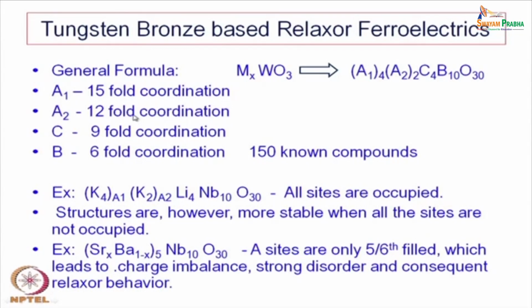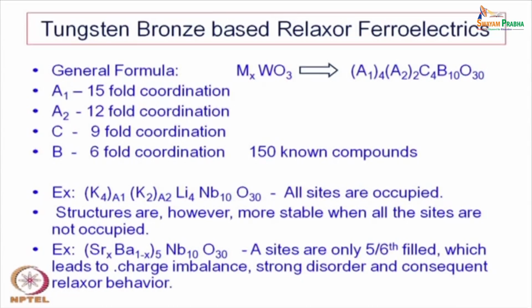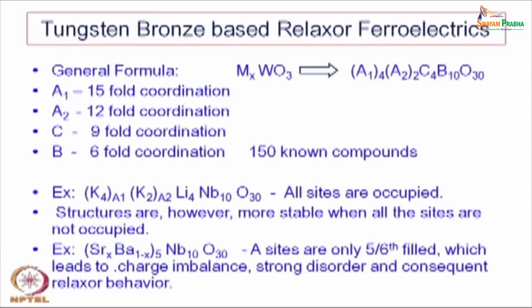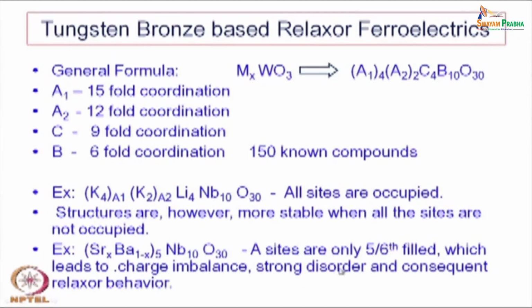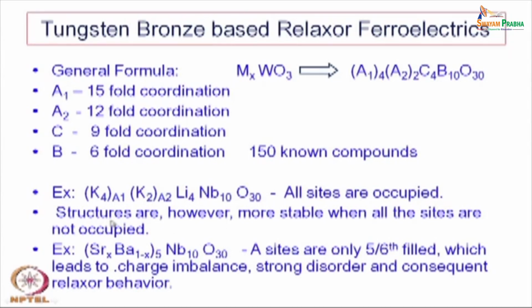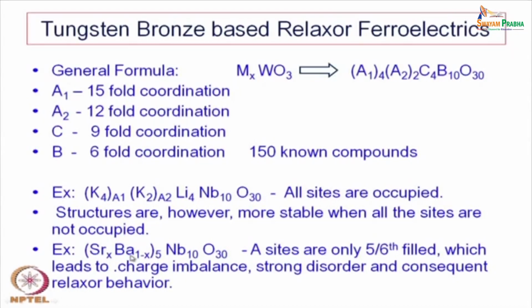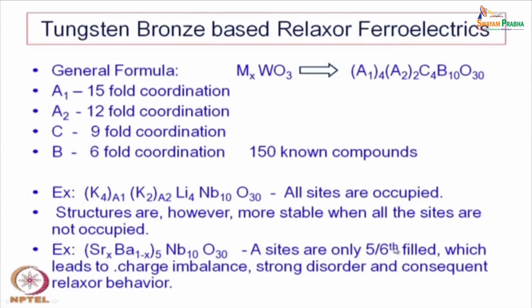coordination numbers. Structures are however more stable when all the sites are not occupied. So, if the occupancy factor is a little less, then the structure seems to be more stable. One of those structures is strontium barium niobium oxide, or niobate. A sites are only 5/6 filled.